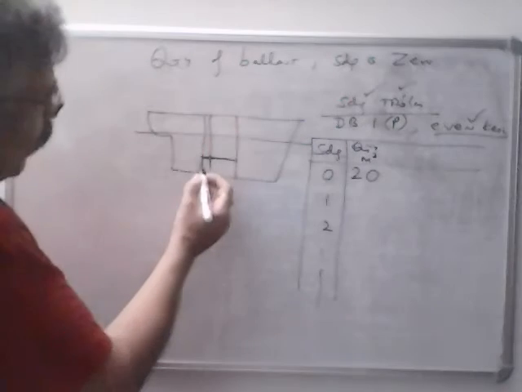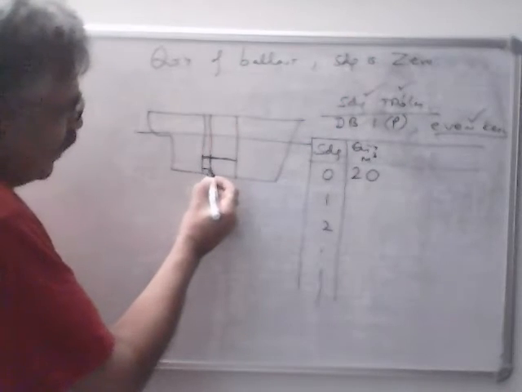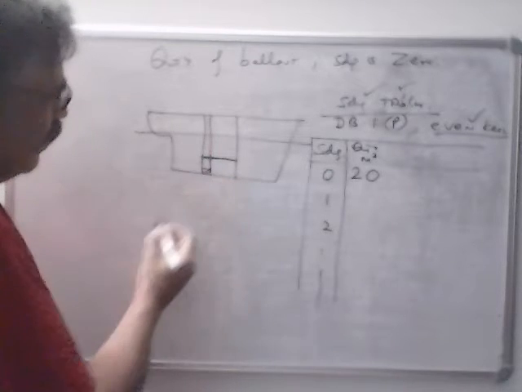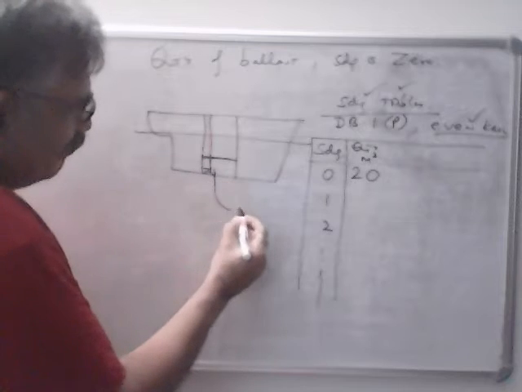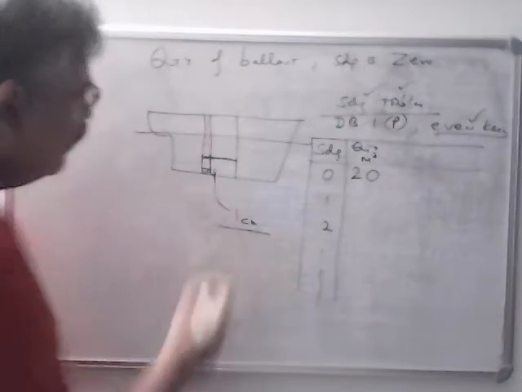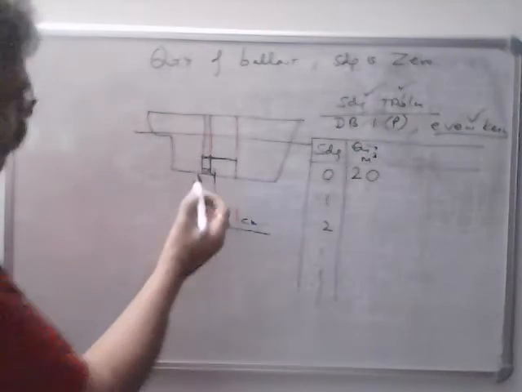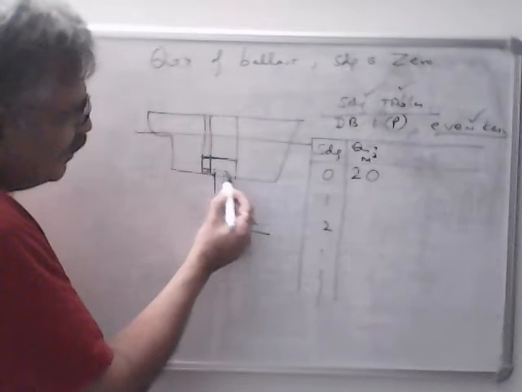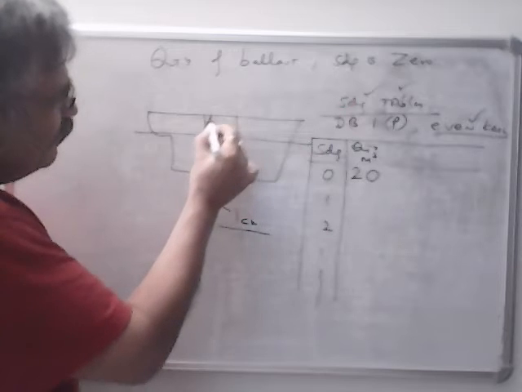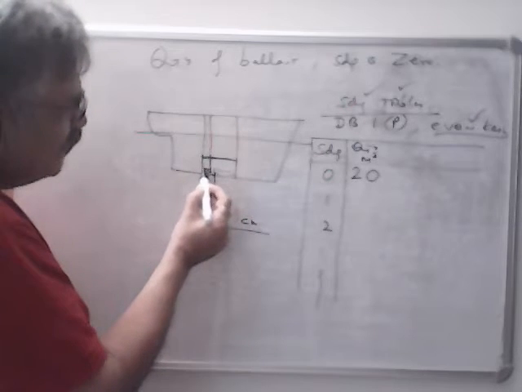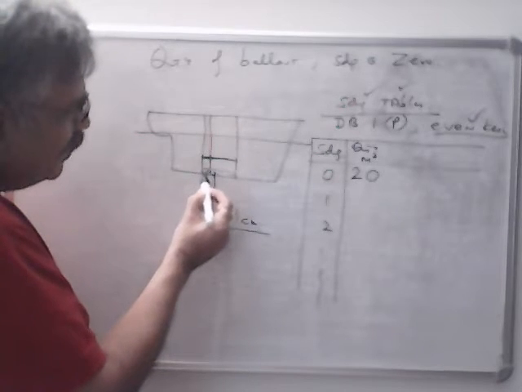Now, in the bottom of the sounding pipe, there is a striker plate. This height of the striker plate is roughly 1 centimeter. So, when about 1 centimeter of water is remaining and you take sounding, the striker plate starts from here and ends here.